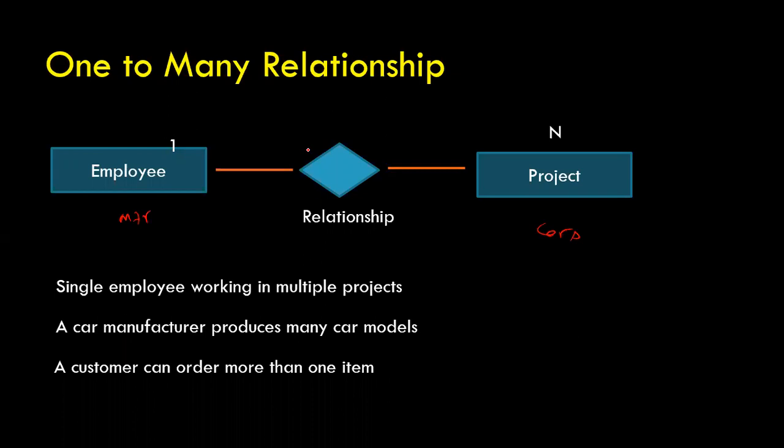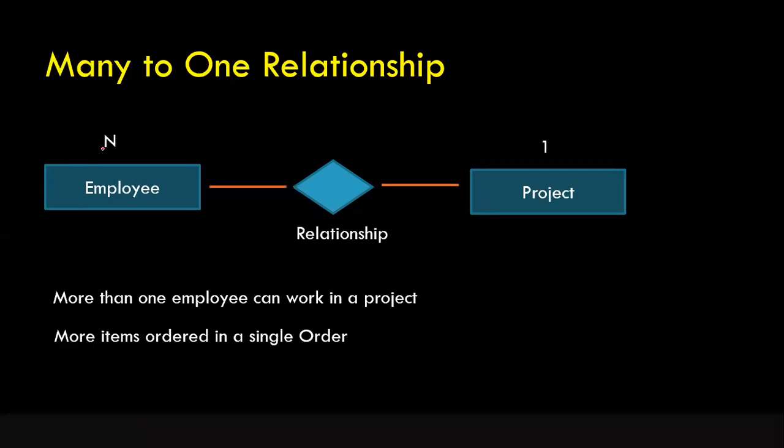Many to one is just the opposite of one to many. In this case, more than one employee is working on a project. Let's say you joined Accenture and you are working for the Walmart customer. This is a single project, and in this project there are 20 developers. A single project can have 20 staff working in it.